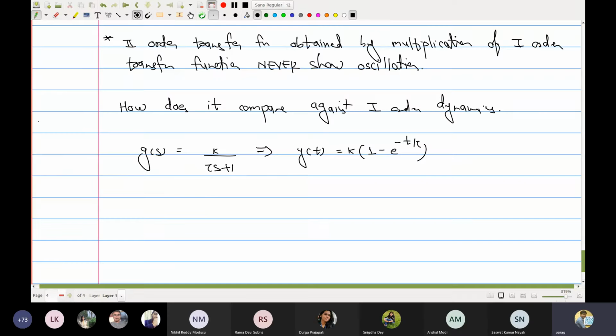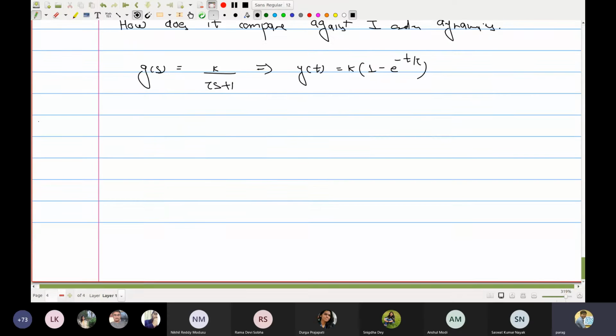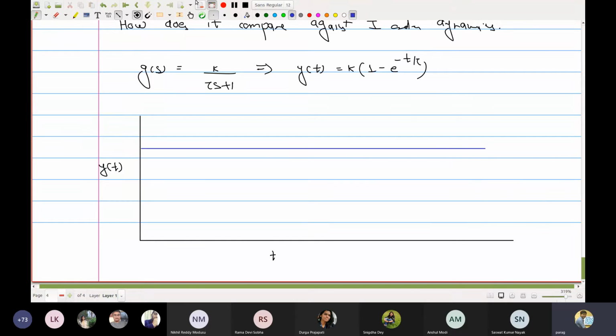So learning from this, we can draw a general response curve. So this is my y of t. This is my t. If this is my step input, then what's going to happen?